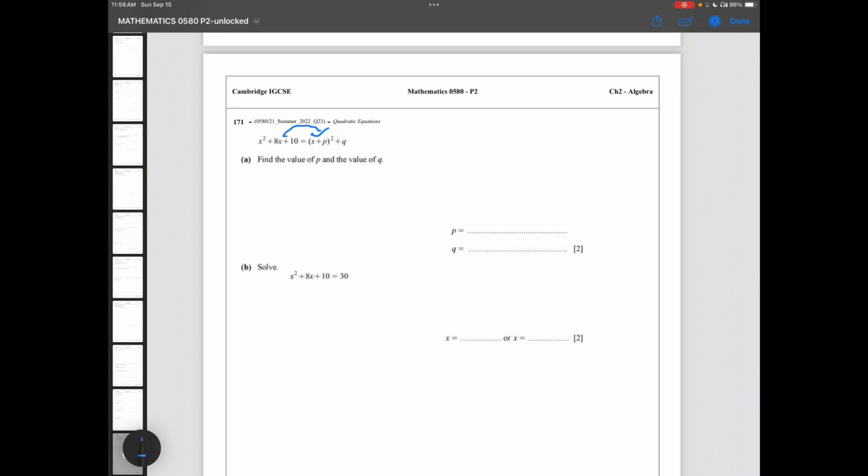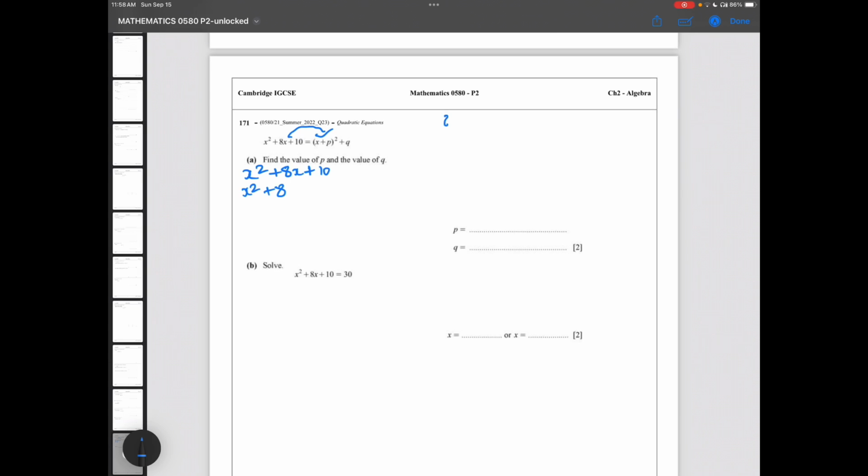First, write x squared plus 8x plus 10. In the completing square method, what we do is divide the coefficient of x, that's 8, by 2 and take the square of it. 8 upon 2 is 4, 4 squared is 16.